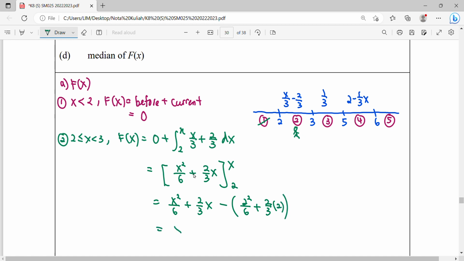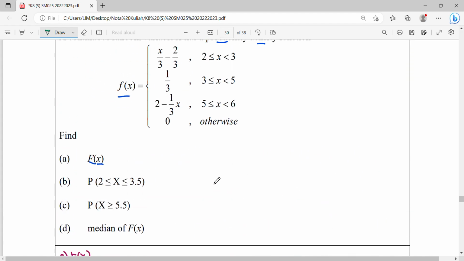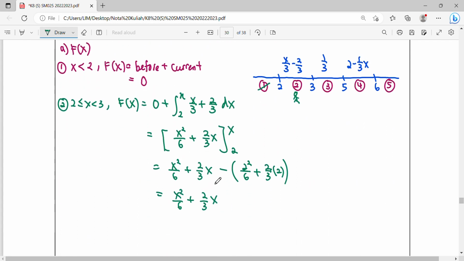So simplify this. What we will have is this: x over 3 minus 2, oh yeah, minus, not plus, minus.